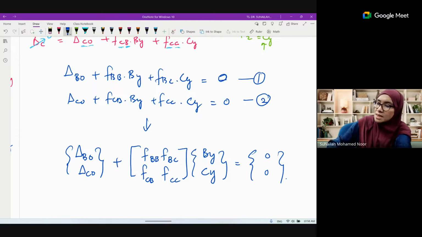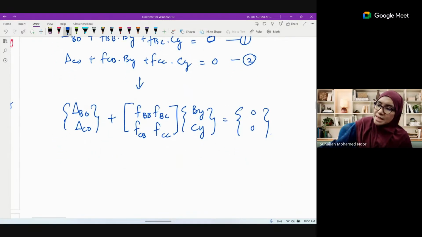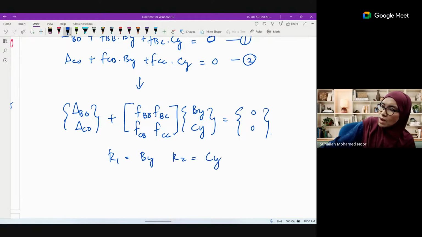So we have done the grouping. This is the compatibility equation when redundant 1 is B_Y and redundant 2 is C_Y. This is how we get the compatibility equation.